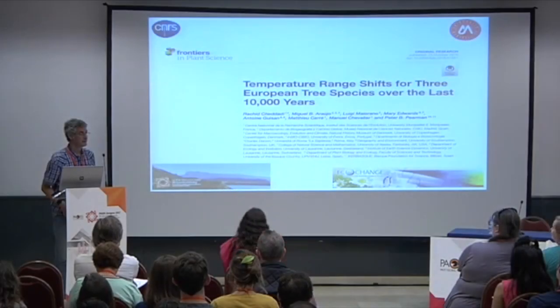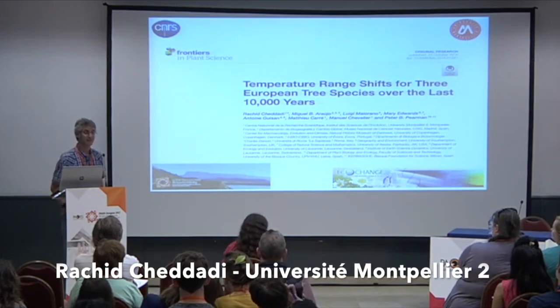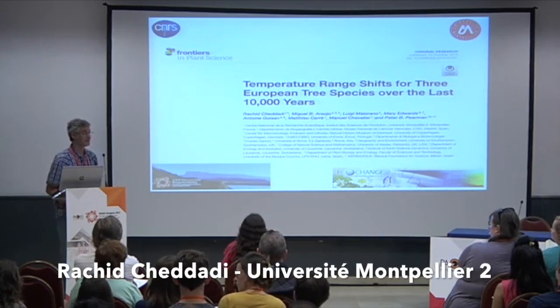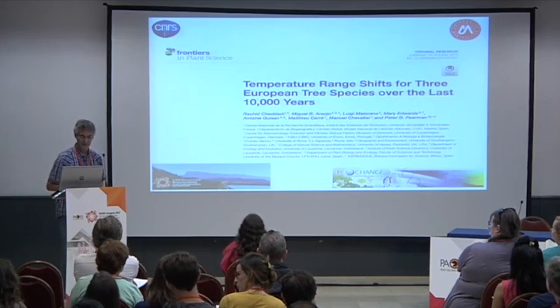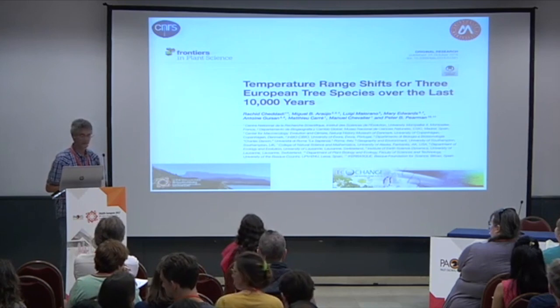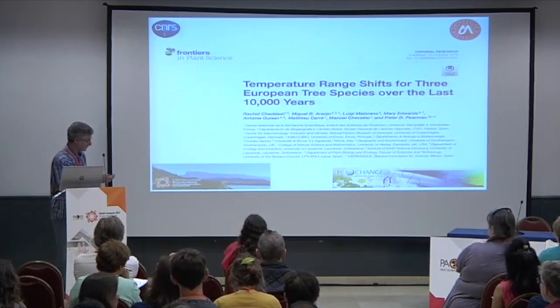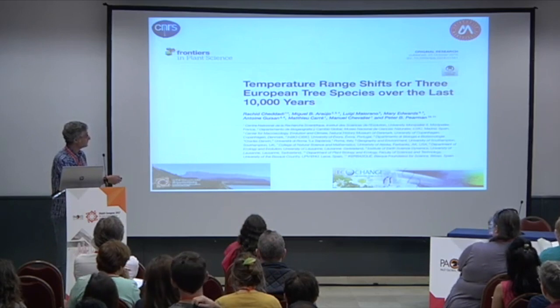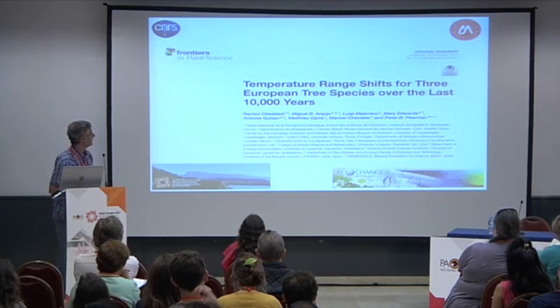I saw the title of this session, which asks whether species persist, survive, die, or adapt, which I think the topic of this talk would fit nicely. This work has been carried out with my colleagues, in the frame of this European project, EcoChange.